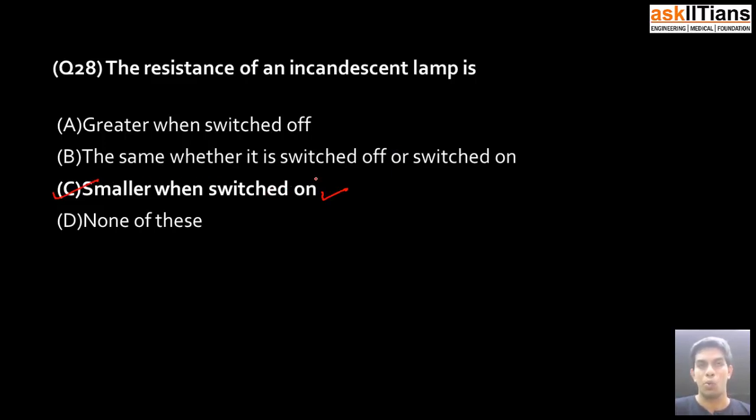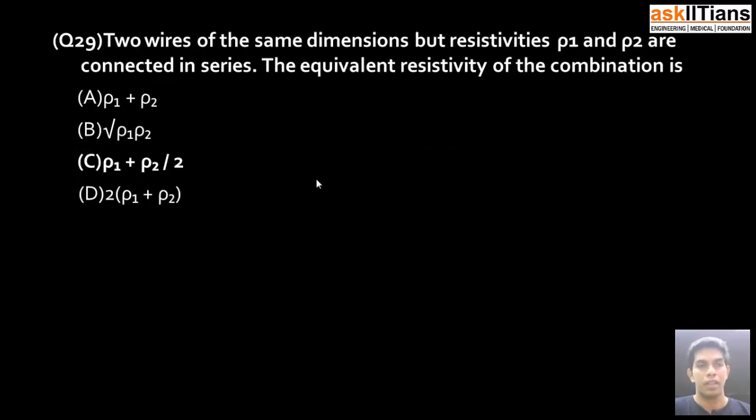Moving on to the 29th question. Two wires of the same dimension but resistivity ρ1 and ρ2 are connected in series. The equivalent resistivity of the combination is. So I have over here a wire whose length is L, area of cross section is A, and resistivity is ρ1.